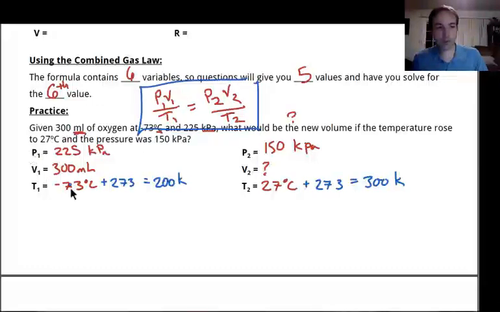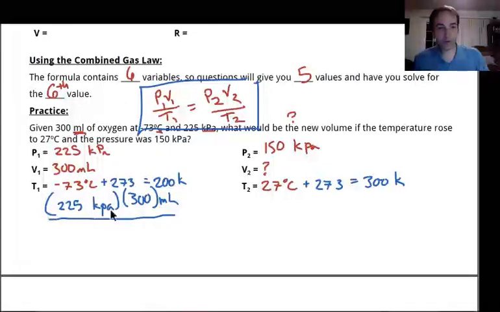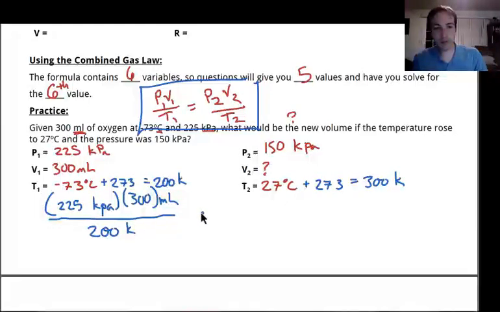Our P1 is 225 kilopascals times V1, which is 300 milliliters, all over 200 Kelvin, and that's going to equal P2, which is 150 kilopascals, times V2, which is what we're solving for, so that's why I wrote the variable itself down there, and on the bottom 300 Kelvin.